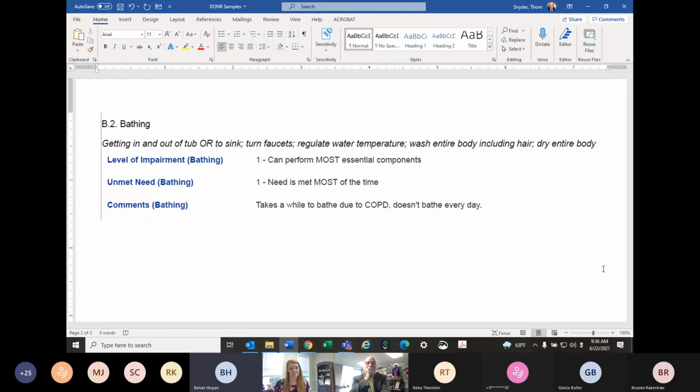And then, doesn't bathe every day. Why not? Is that a choice? Does she choose not to take a bath every day? Or has bathing become so difficult, she gets so short of breath, she can't catch her breath, and therefore does not want to bathe any longer?